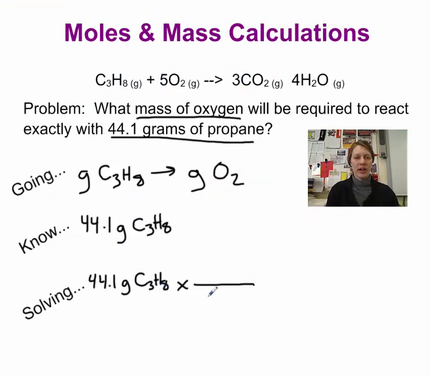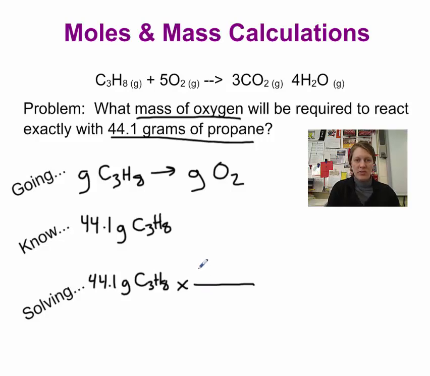So to start with, I'm going to calculate the molar mass of propane. In order to do that, I'm going to look on the periodic table, and I would find that hydrogen has 1.008 grams per mole, and that carbon has 12.011 grams per mole.